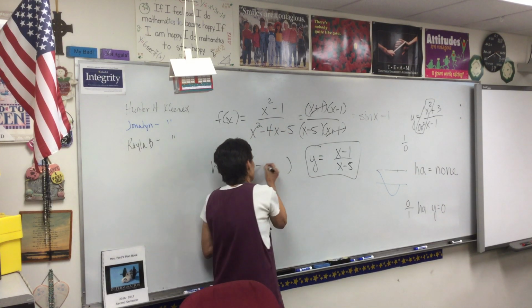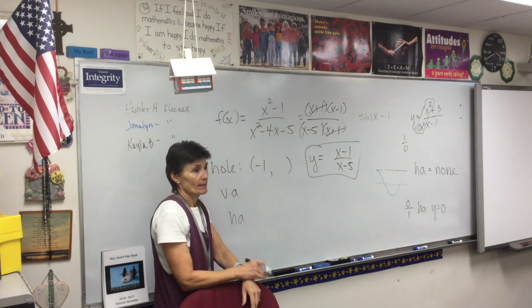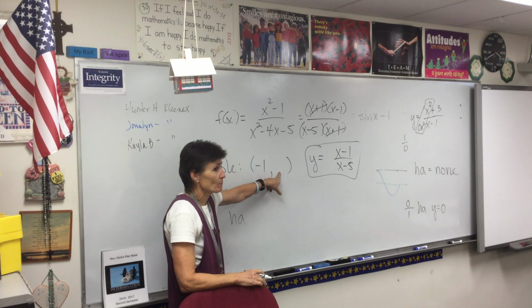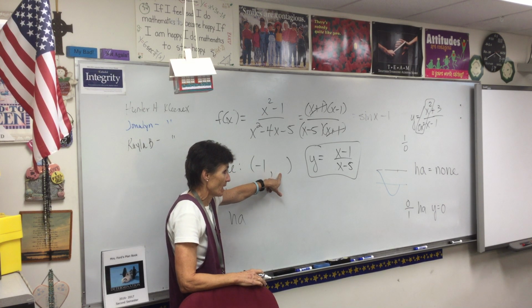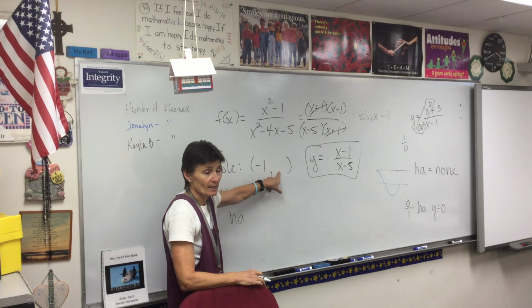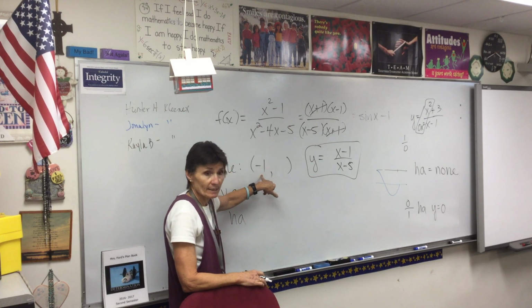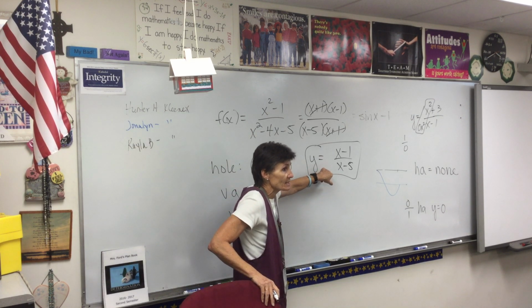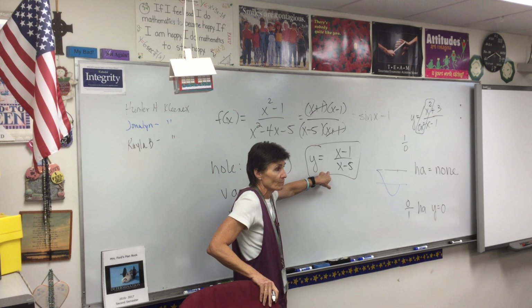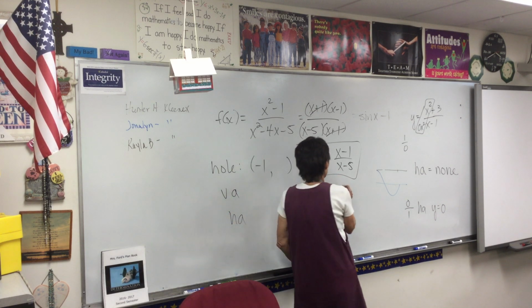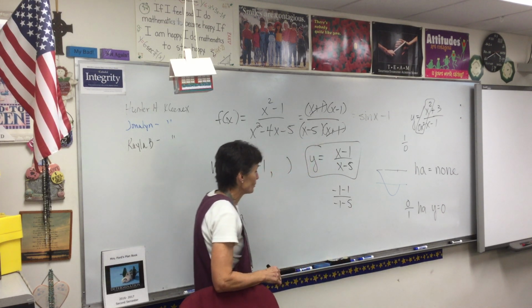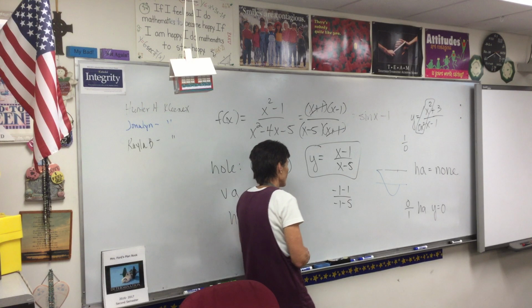Negative 1. Now, everybody always gets that right. Whatever cancels gives me the x coordinate. This is the part that for some reason we miss sometimes. How do we get the y coordinate? We simply plug in negative 1, but where do we plug it in at? Right here, in the simplified reduced problem. So if you put in negative 1, and you won't have a calculator on this, so you're going to have to do that arithmetic without a calculator.